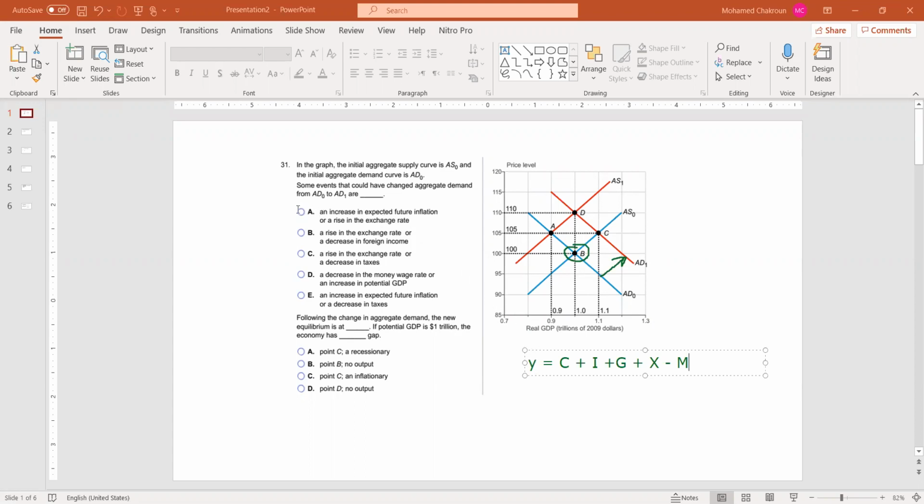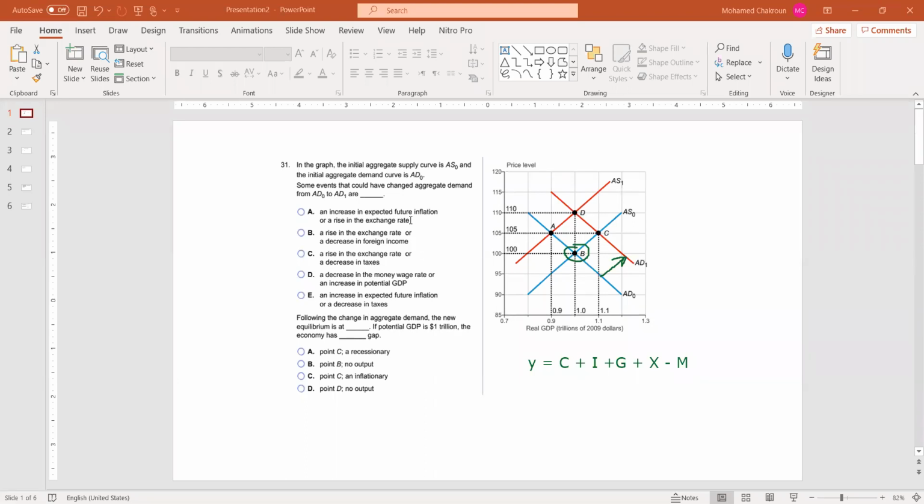So the first option is wrong because the rise in the exchange rate causes a decrease in aggregate demand, while here we have an increase. Option B, the event is a rise in the exchange rate, so it's wrong. We agree that a rise in the exchange rate results in a decrease in aggregate demand, so option B is wrong. Option C is wrong.